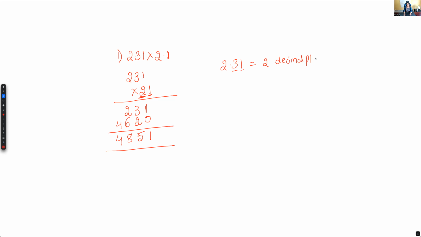What we mean by decimal places is, after the decimal point, here we have 2 numbers, so we are calling it 2 decimal places. In 2.1, after the decimal point, you have 1 decimal place. So in total, we have 3 decimal places.